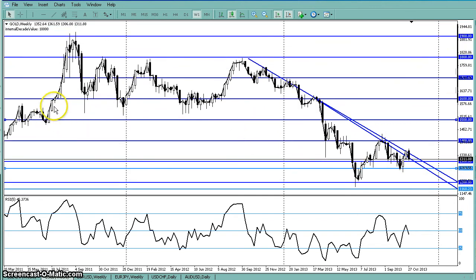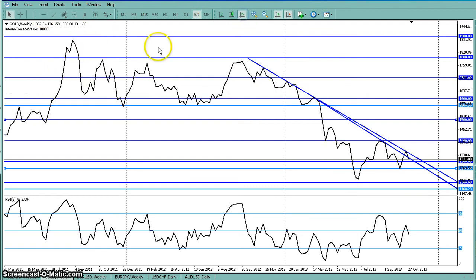I mean, look at this. But here, this is an amazing top and bottom. Had you put your order right at the top of that, which certainly on the line chart made sense, right?